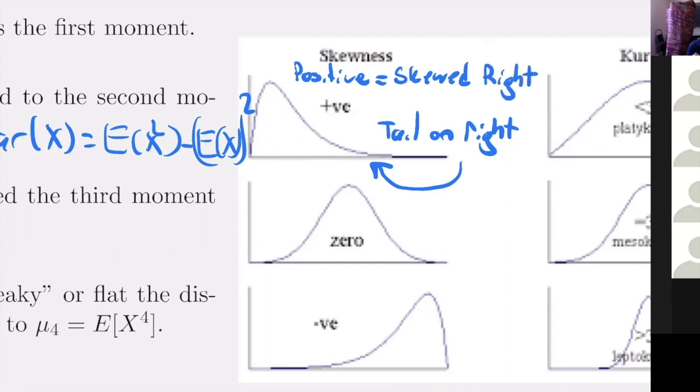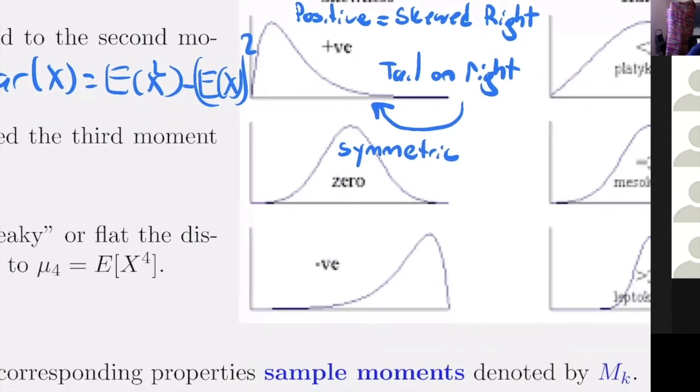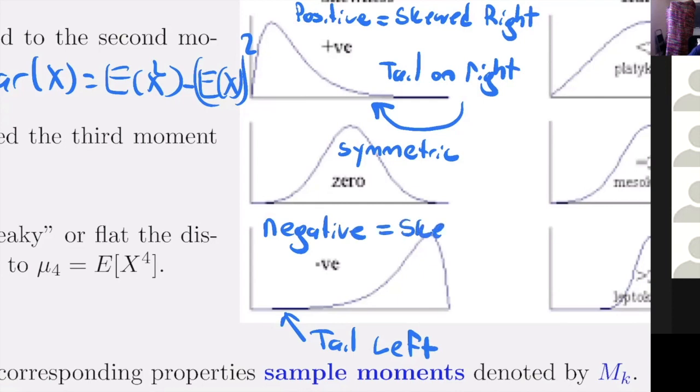The second one has 0 skewness, and that means it's symmetric. And for this last one over here, the tail is going to the left. So this is negative skewness, or we can say it is skewed left.